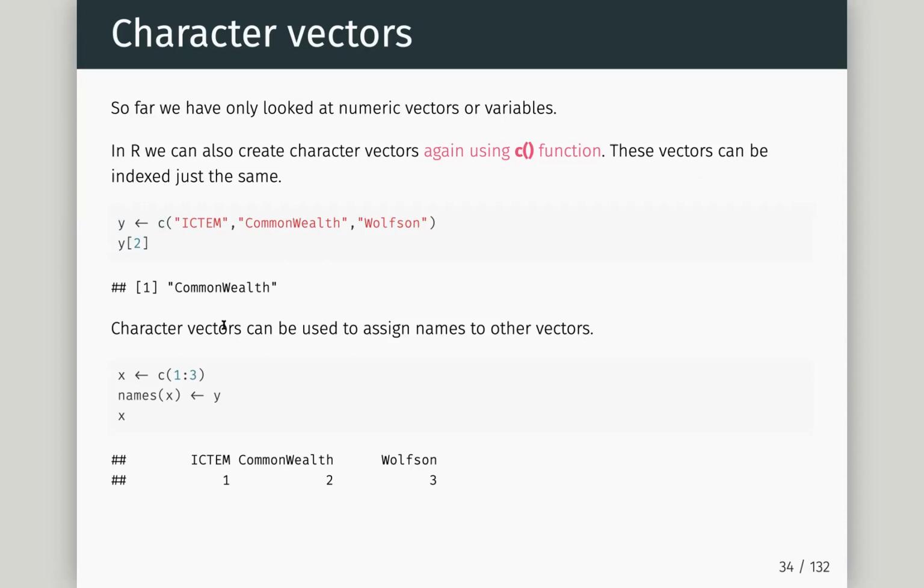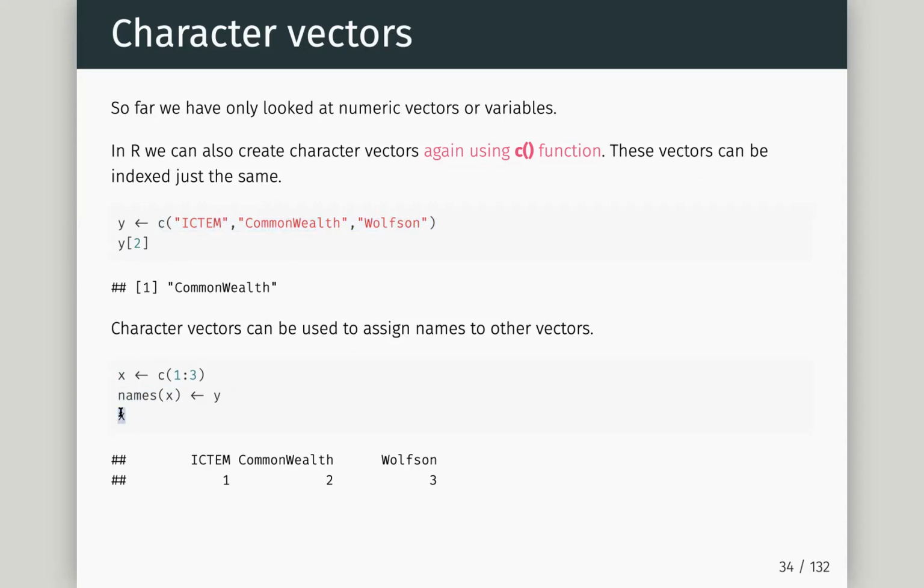A really useful thing about character vectors is they can be used to assign names to other vectors. So they can almost be used as a key, a lookup key, right? So here I'm just going to create a vector 1 to 3, and then I'm going to use this function names on my vector, and I'm going to give it this vector of names, character values.